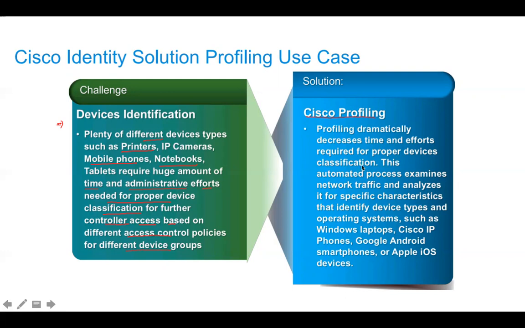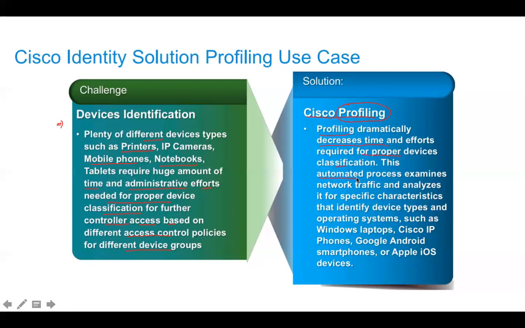What do you mean by profiling? Device classification. Understand it like this: you are doing profiling of this device, you are classifying that device, you are doing a device classification. So profiling dramatically decreases the time and effort required for proper device classification.